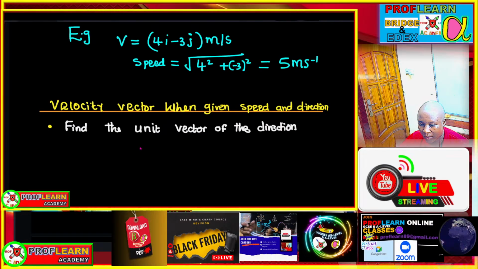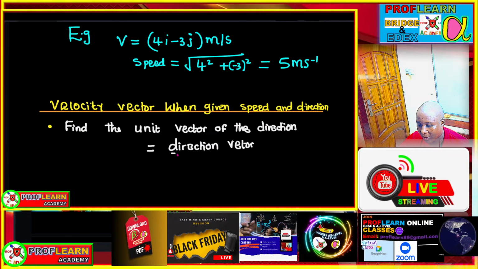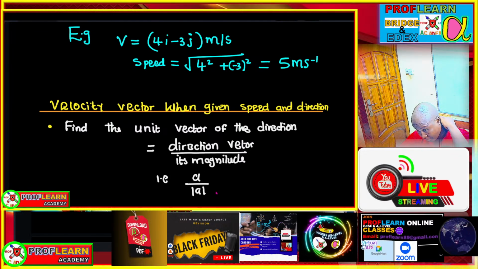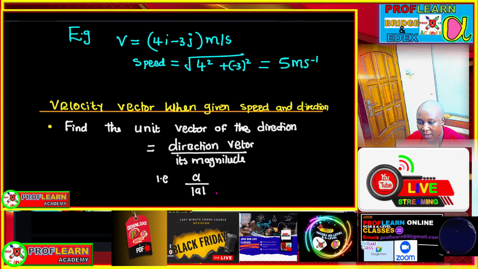That is exactly what we have said here. To find the velocity vector when you are given speed and direction, first you need to find the unit vector. The unit vector of the direction vector is the direction vector divided by the magnitude of that direction vector, which is a over magnitude of a.